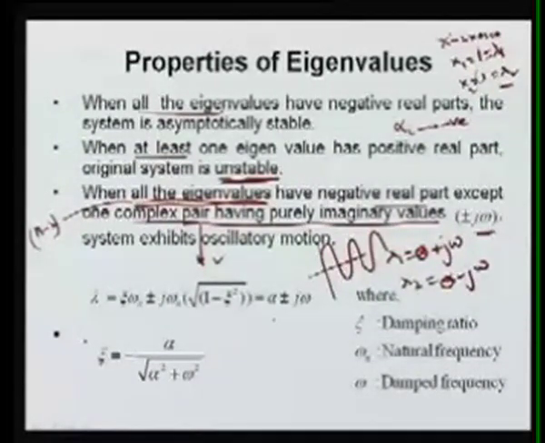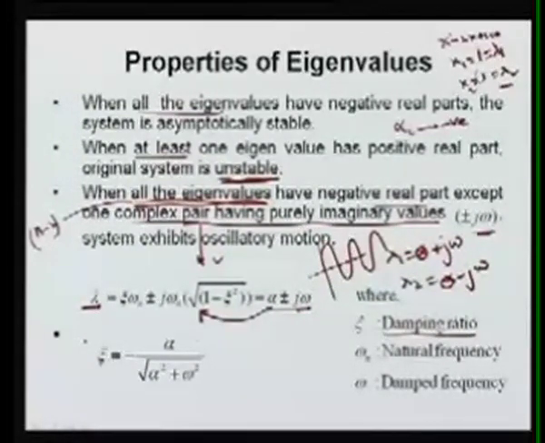As I said, this alpha will always occur in a complex conjugate pair if it is complex, means alpha plus minus j omega will be the eigenvalues. Here the j term is appearing. Now this can be simplified, and we can write another very important factor, expressed in terms of the damping ratio.